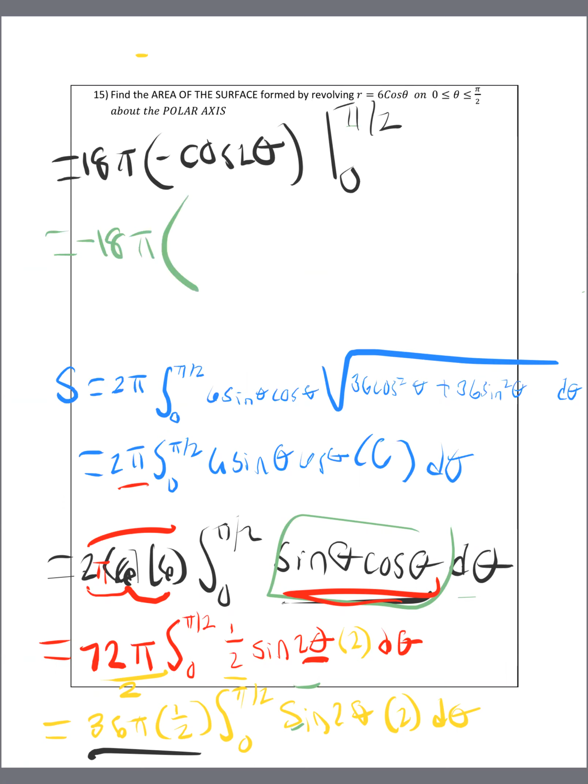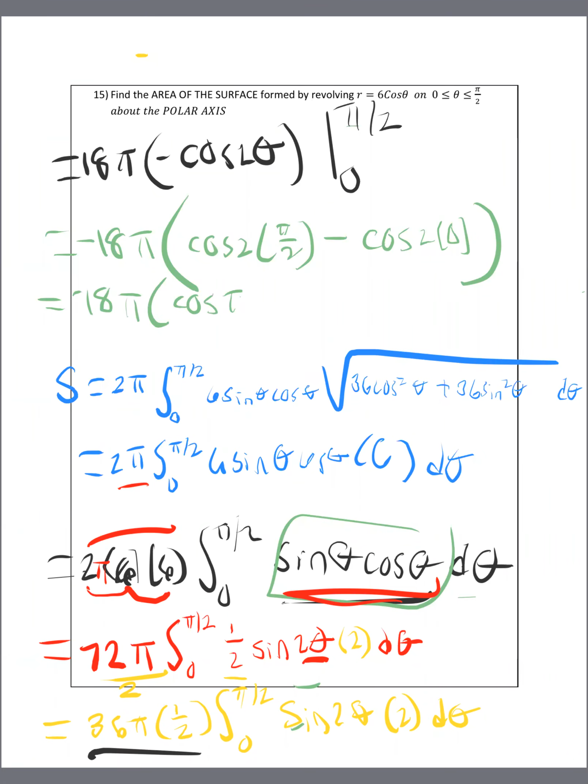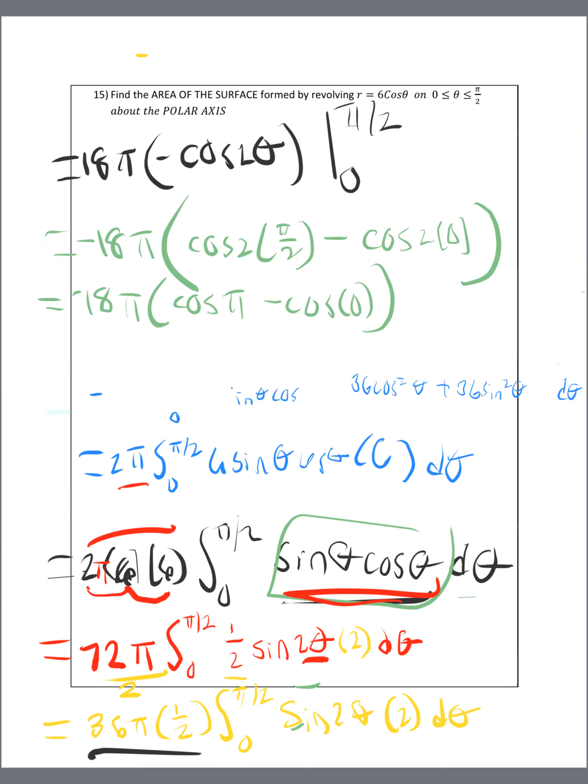And then we're going to plug in. So cosine of 2 times pi over 2 minus cosine of 2 times 0. The upper minus the lower. You end up getting 18 pi times cosine of pi minus cosine of 0. And then that's just knowing your unit circle at that point.